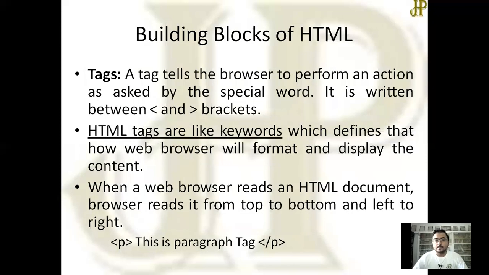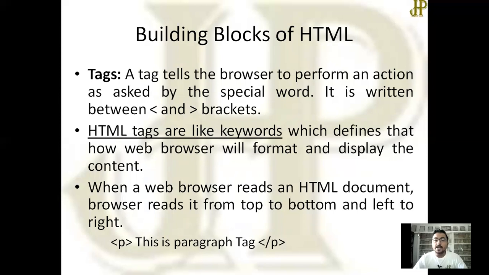Now, how is the web page created? As we know, with the help of HTML, we can create a web page that can be shown on the internet. But how? Then we have to know about the building blocks of HTML. And the first part is tags.